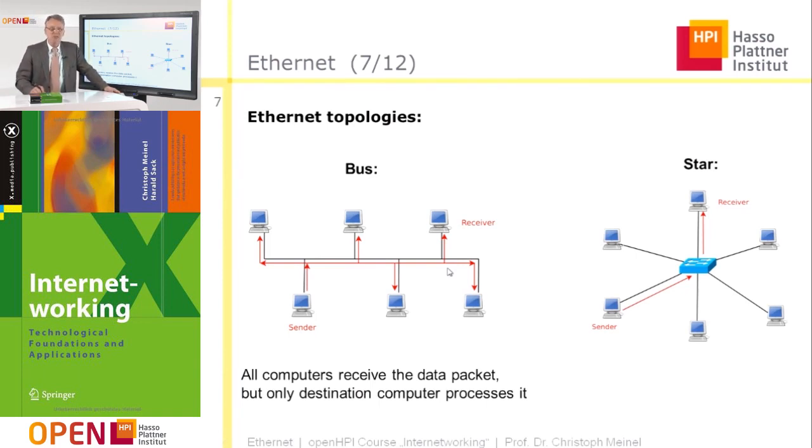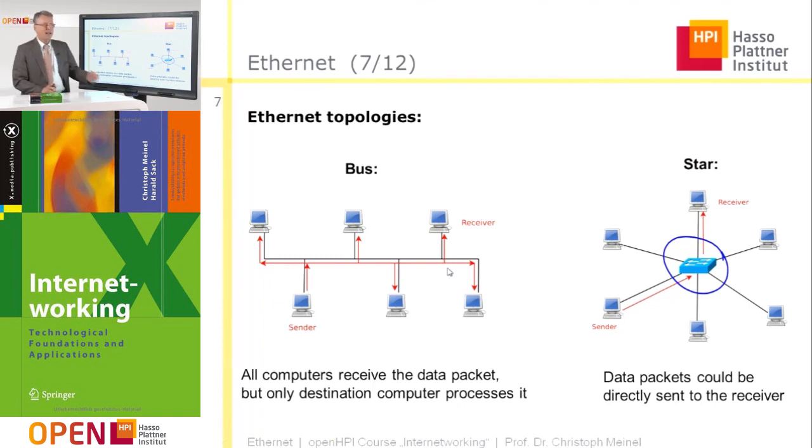Besides the bus topology, we have also the star topology. In the star topology, there is a switch in the middle. It is a hub which takes care that, if the sender wants to send a packet, the sender sends this packet to this switch, and the switch analyzes this data packet, finds out what is the receiver address, and then it forwards the data packet exactly to the right receiver.